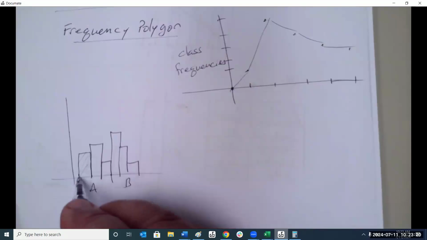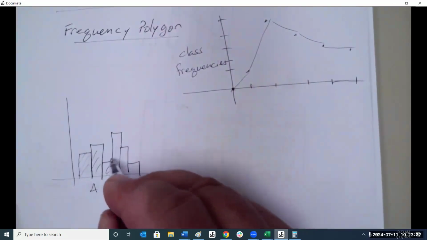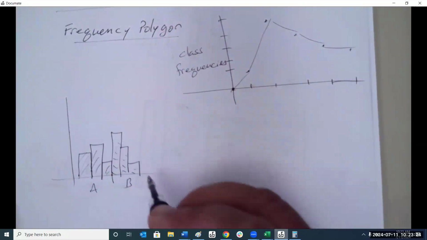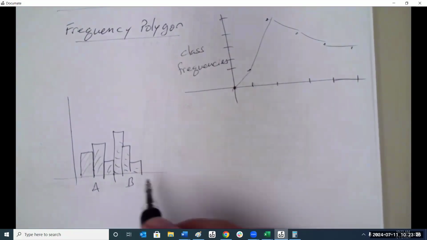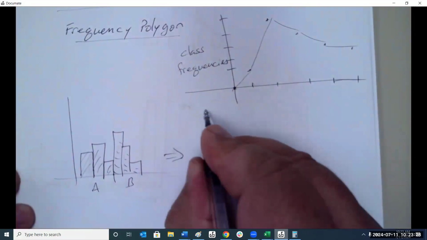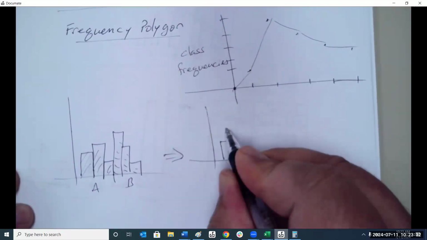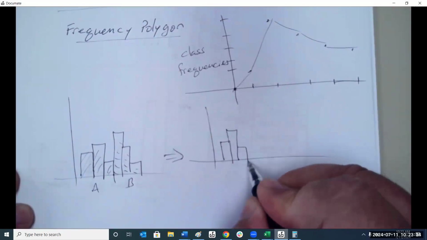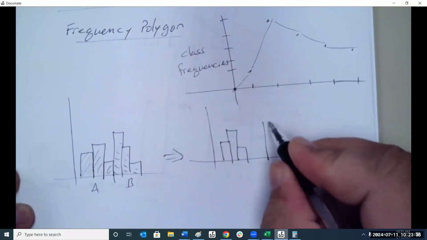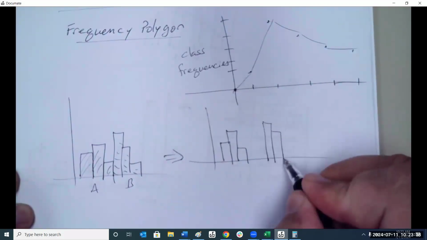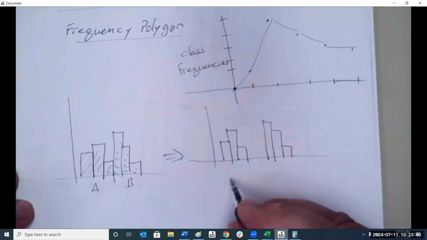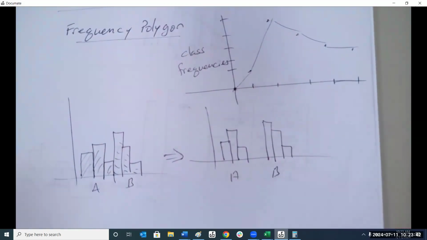And the way you do it, you make each of these have different colors. Instead of using the histogram, what we would use there would be bar charts. So this is outcome A, this is outcome B.